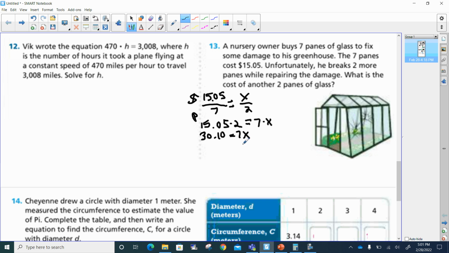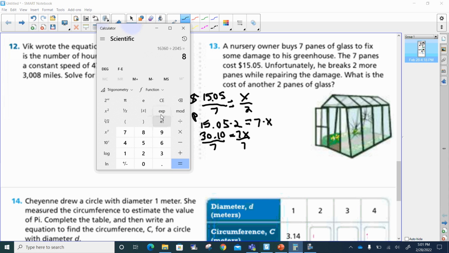Now we have to divide by 7, right? So I would take 30.10 and divide it by 7. And that would be 4.3.